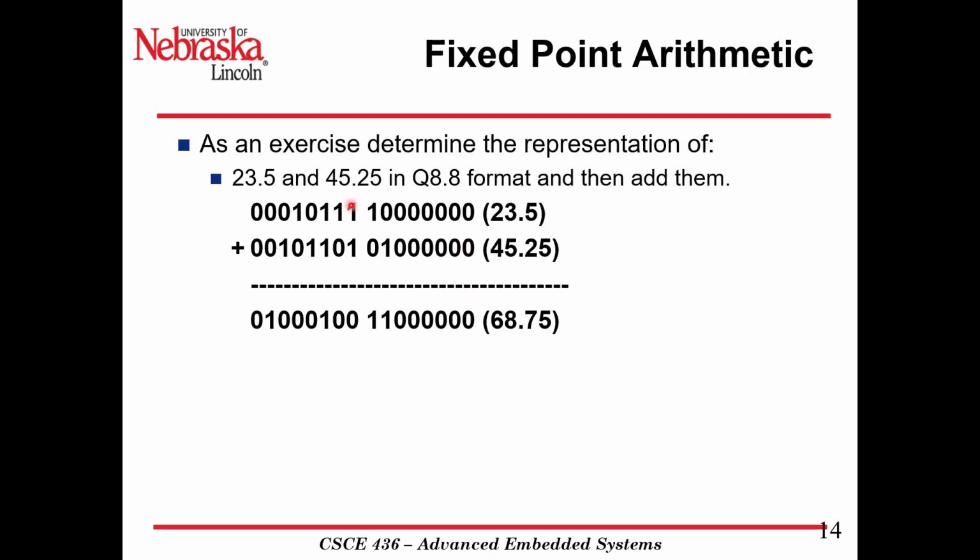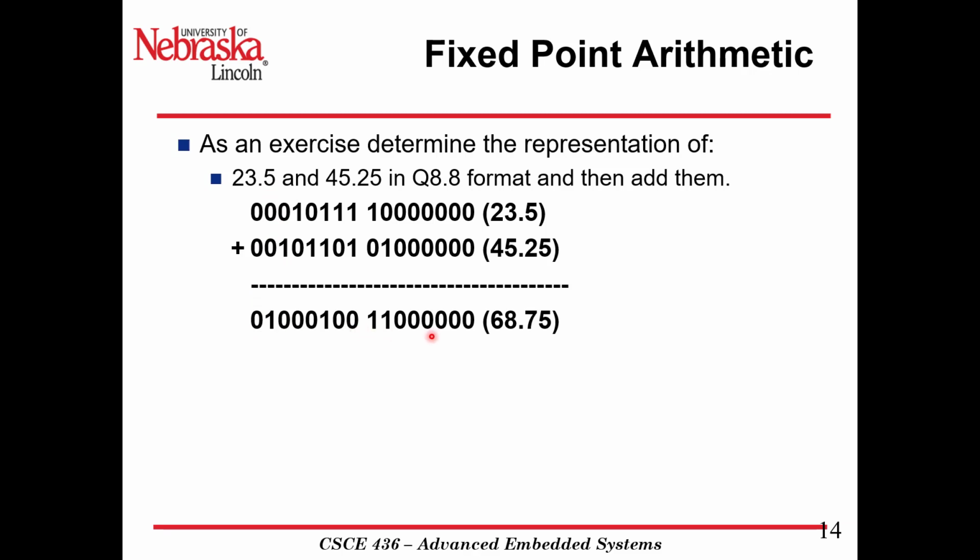We're going to add these just like we added before. Add from the least significant bit to the most significant bit, and carry over to the next higher bit. So as you're going through, 1 and 1, or 0 and 1 gets a 1, 1 and 0 gets a 1, 1 and 1 gets a 0, carry the 1, and so on.